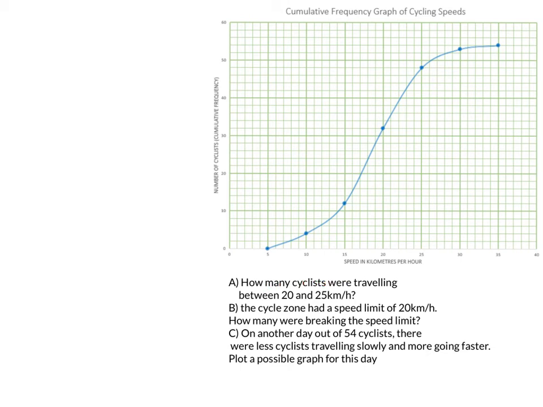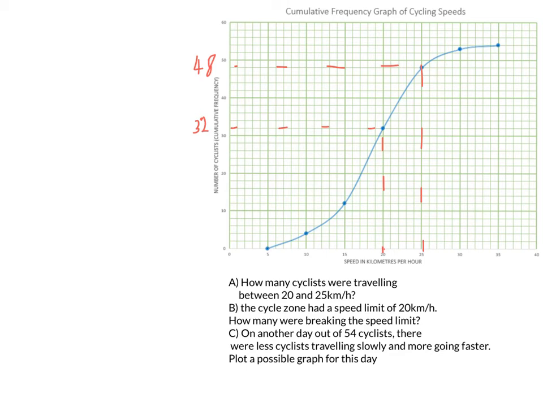How many cyclists were travelling between 20 and 25 kilometers per hour? Well, if we go to 20 kilometers per hour, which is here, and read across, we get 32. If we go to 25 and read up, we get 48.